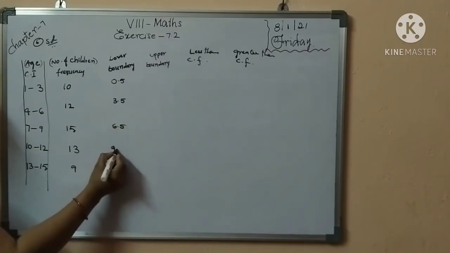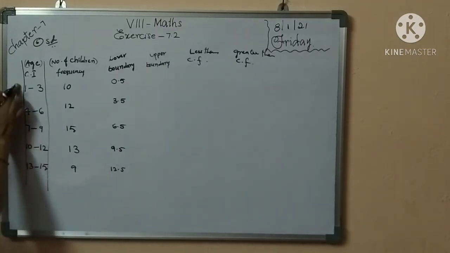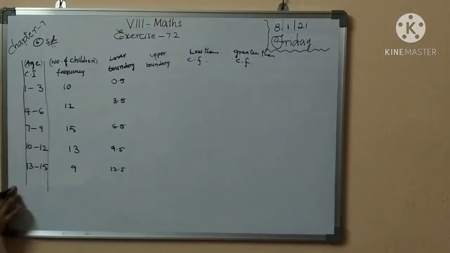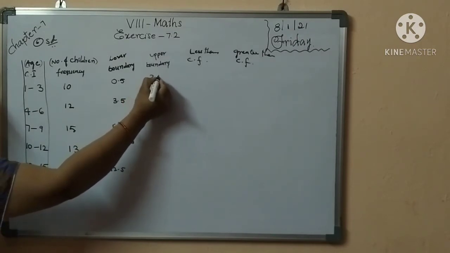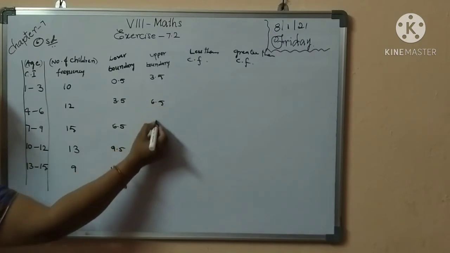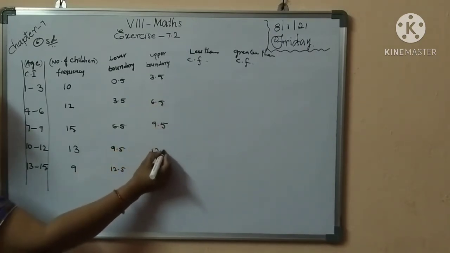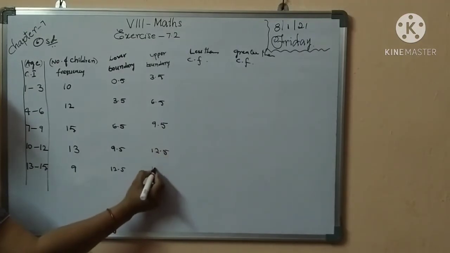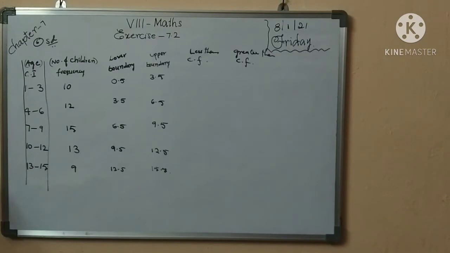Next 9.5. Next 12.5. These are lower boundaries. Next upper boundaries. Add 0.5 to the right side values: 3.5, 6.5, 9.5, 12.5 and 15.5. Okay. Upper boundary and lower boundary.